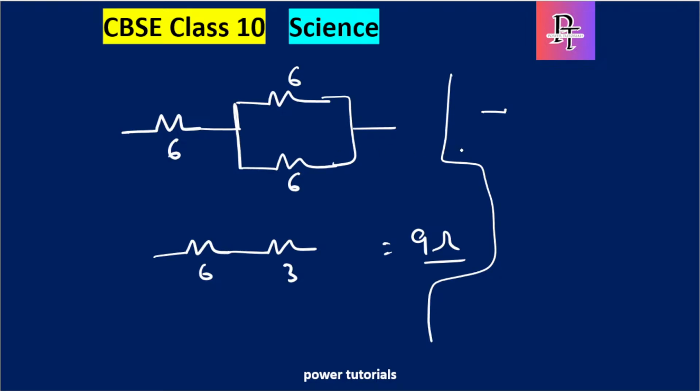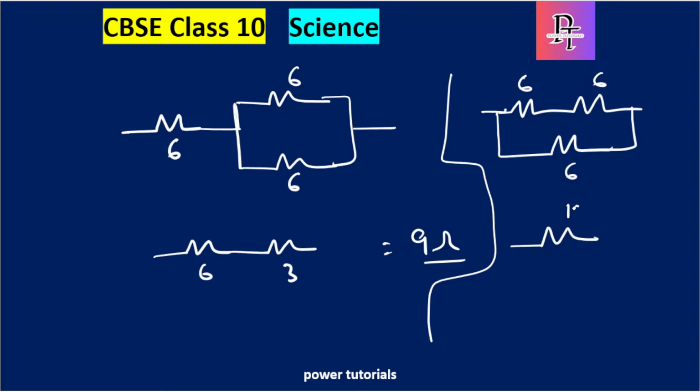Okay, we have one more connection. Sorry, it can be 2 in series with a parallel combination of the third one. So let's see this combination, it will be 6, 6 and 6. So this will get 12 in parallel with 6. So definitely R effective will be 1 by 6 plus 1 by 12.